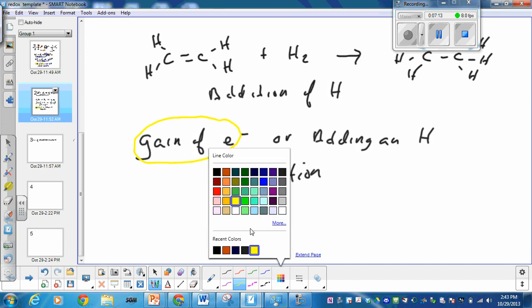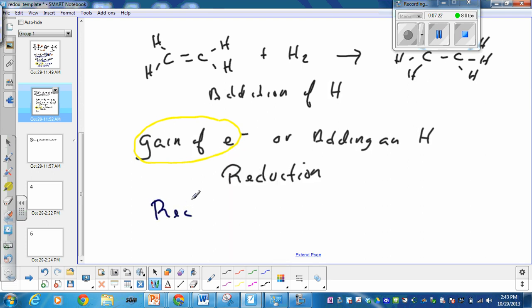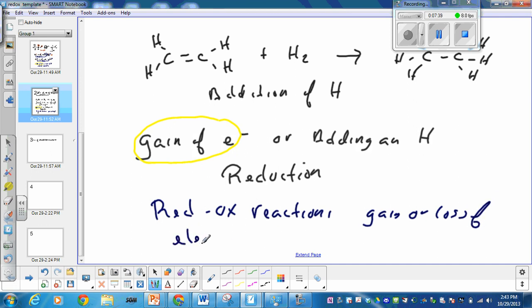And so overall, we're going to be talking about this idea of what are known as redox reactions, which involve either a gain or loss of electrons. What we'll learn is that they occur as a pair, and so one substance gains and the other loses.